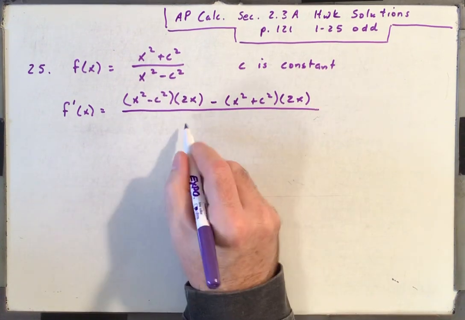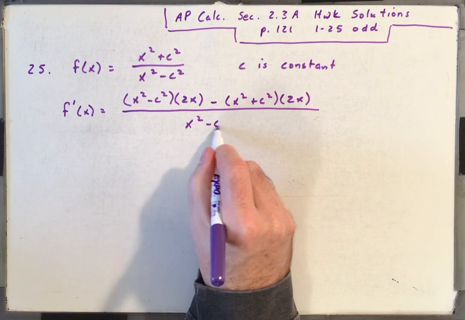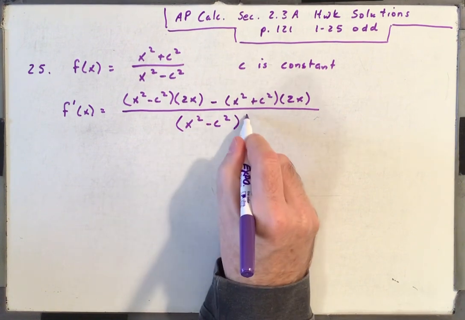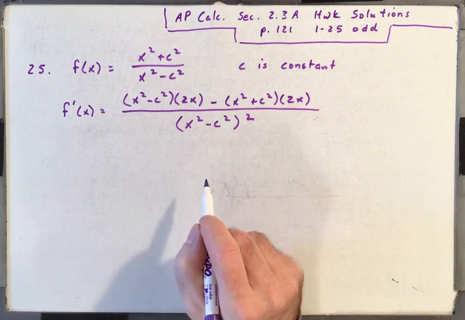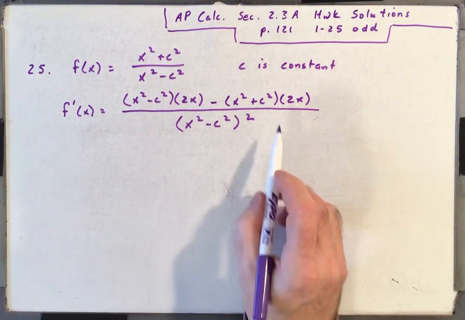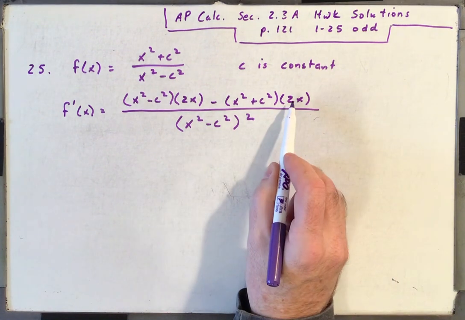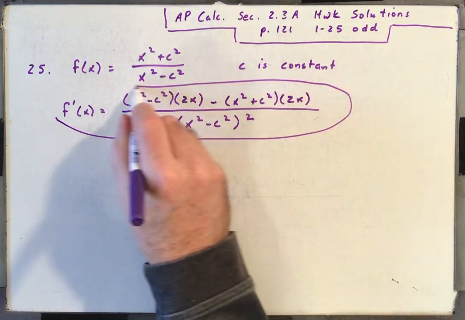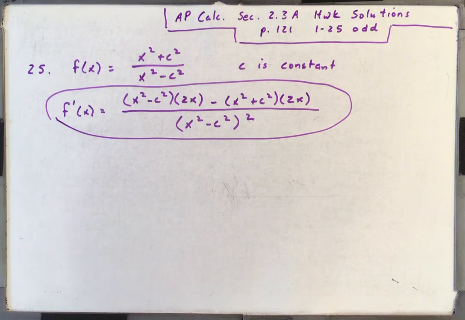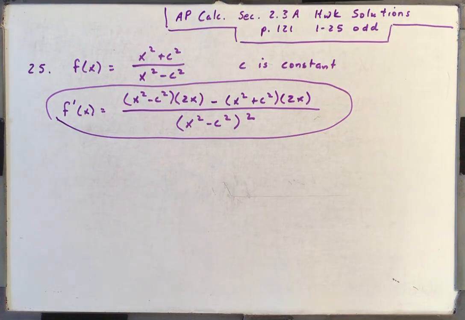All over x squared minus c squared, the bottom, all squared. All right, that's all it is. The back of the book might factor out a 2x, but this is perfectly fine for me. All right, that does it for this video. I will talk to you on lecture 2.3b.